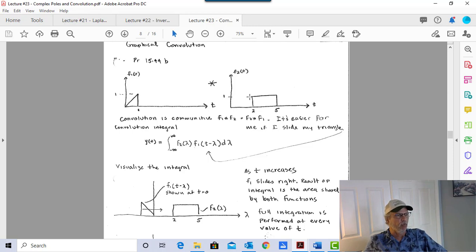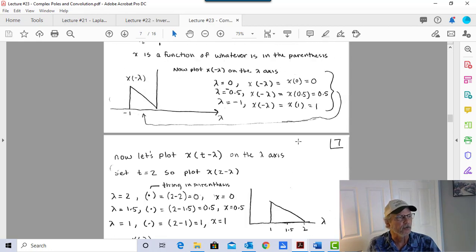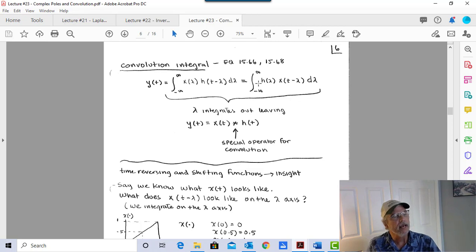Here is my f1 of t, here's my f2 of t. So what I'm going to do is I'm going to put it on the lambda axis. So let's go back up to our integral. And so I'll plot h, or f2 in this case, directly on the lambda axis. But this x function, or f1, it's going to move on the lambda axis based on this constant t, which is this t, of course, right here.